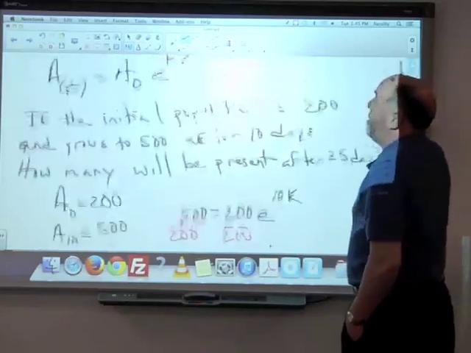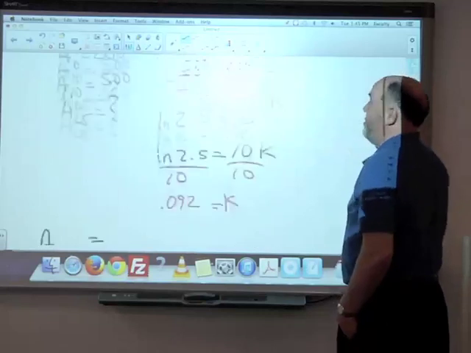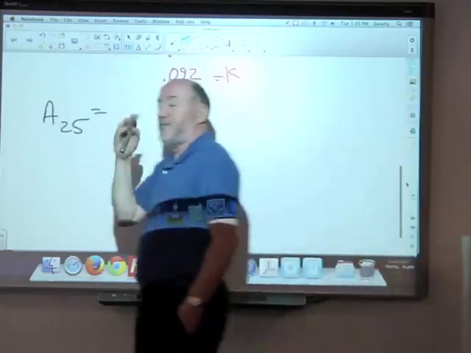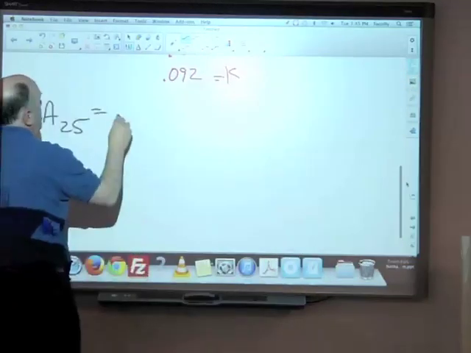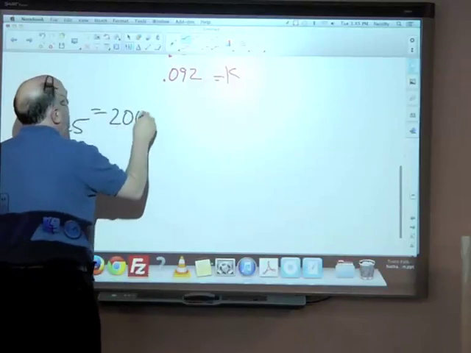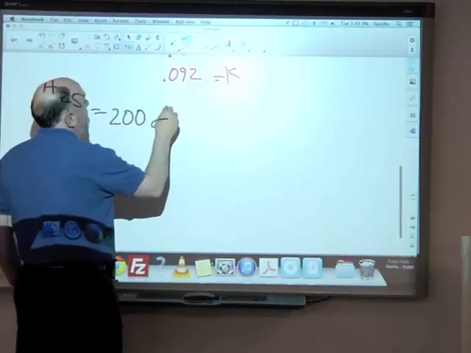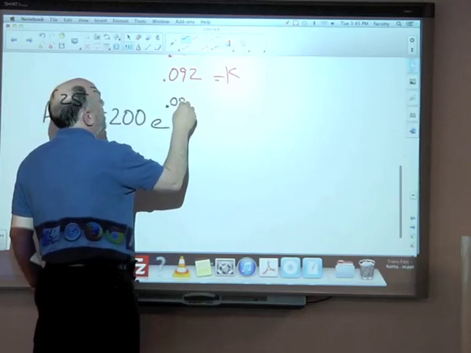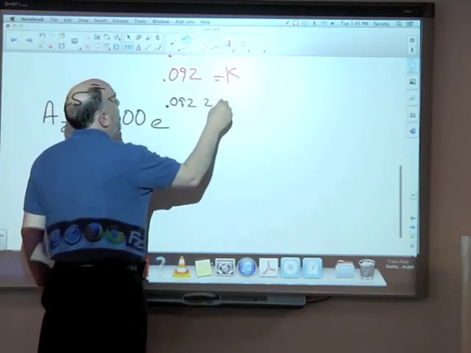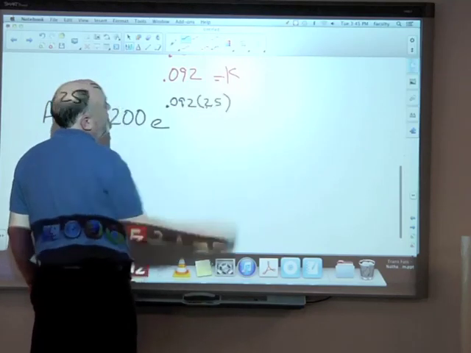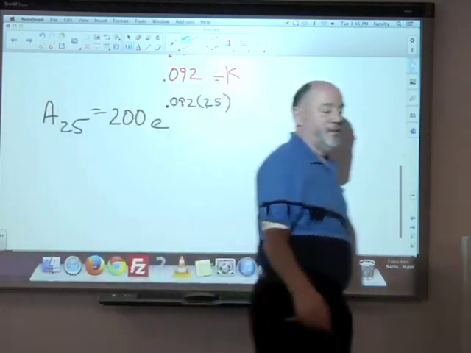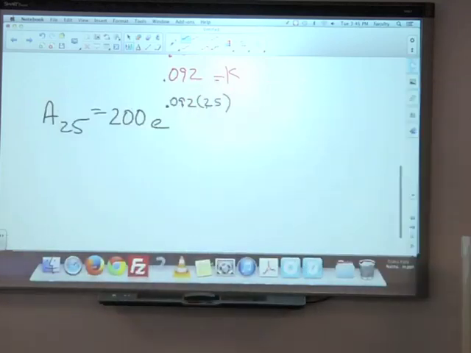Right. So my A naught is 200. A sub 25 was what we're going to find. So this is going to be 200e to the 0.092 times 25. And that'll tell me how many will be present on day 25.